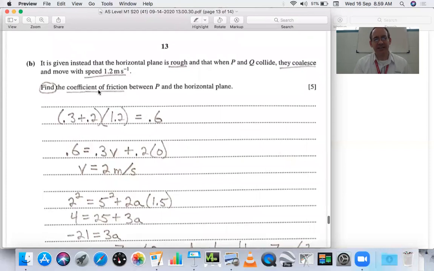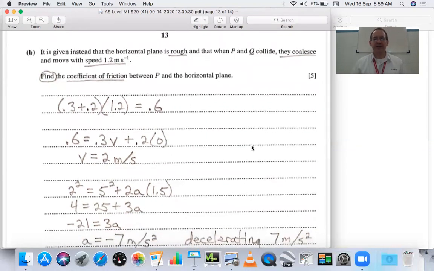So now it's asking us to find the friction. We know there's friction because it's rough. They want us to find the coefficient of friction. So what we're going to want to do here is work backwards from our coalesced momentum with the speed that it has, so that we can find that friction.